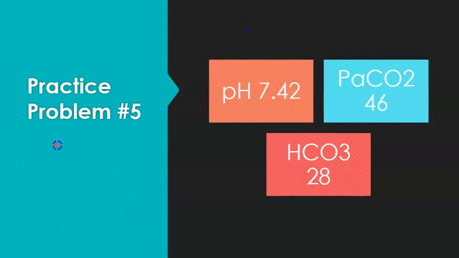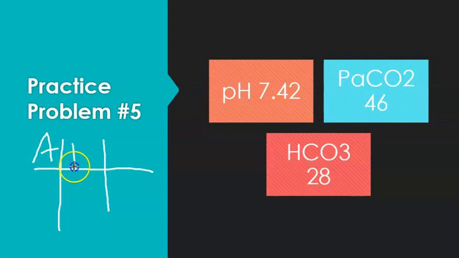Now we're going to look at problem number 5, starting with our grid. Our pH is 7.42, which is a normal value. Our PaCO2, or the respiratory component, is 46, making it an acid.